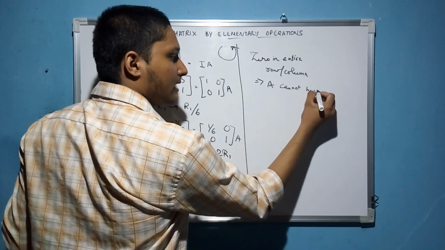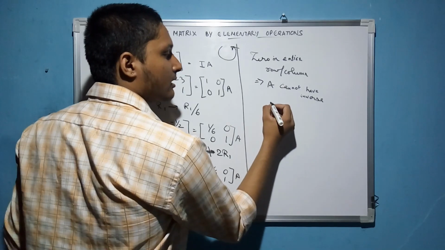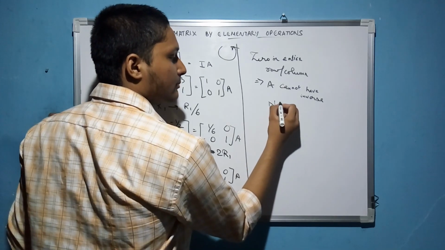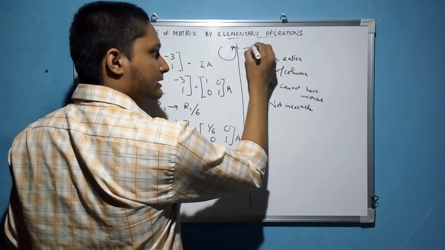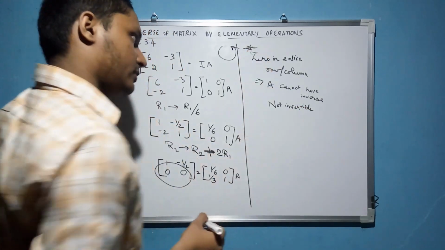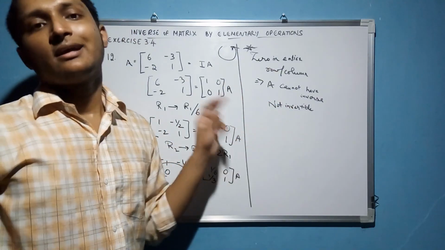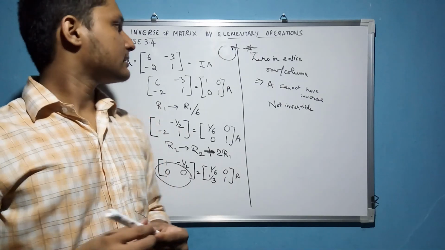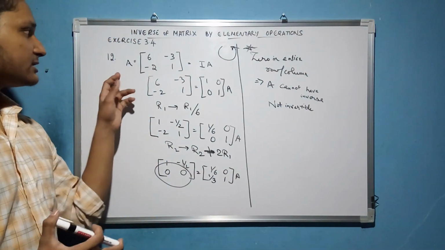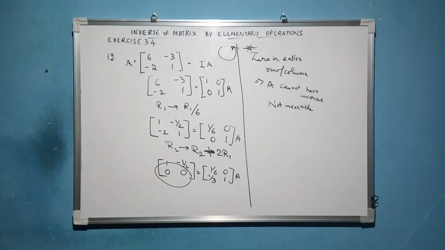Or I can tell that it is not invertible. This is the point to be noted. If it is a 0 in the whole column or the row, it cannot have an inverse or it is not invertible. So that's why the A that is present in the 12th question does not have any inverse existing.